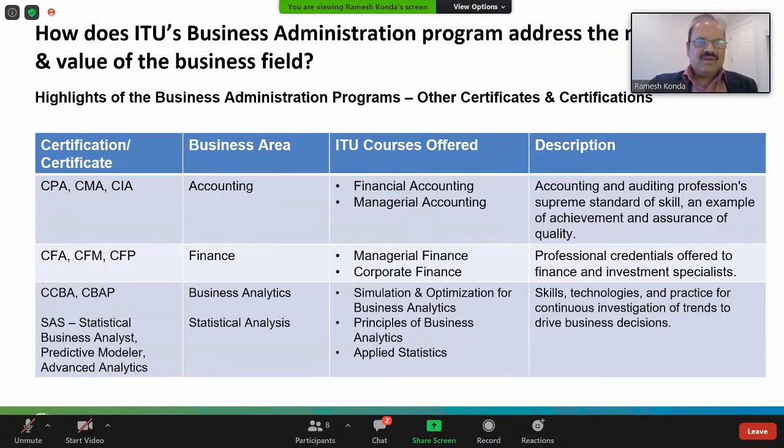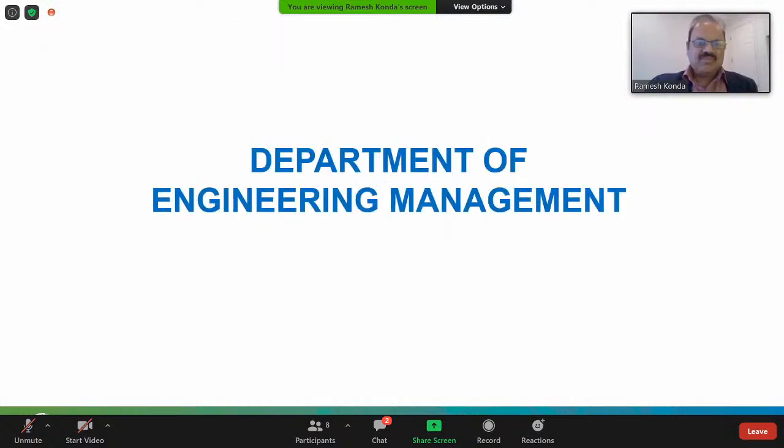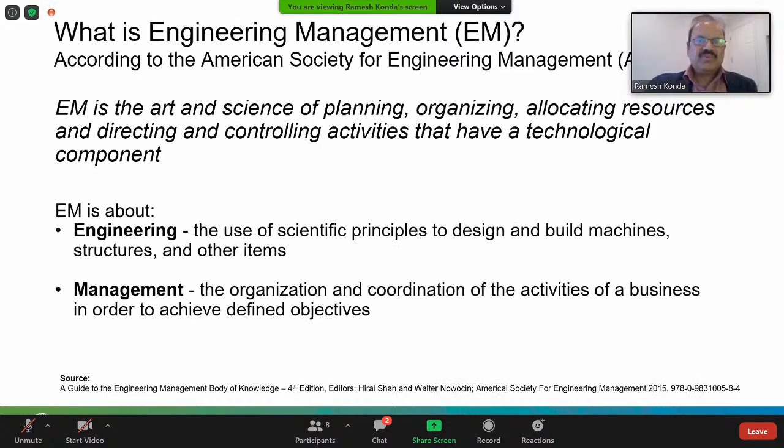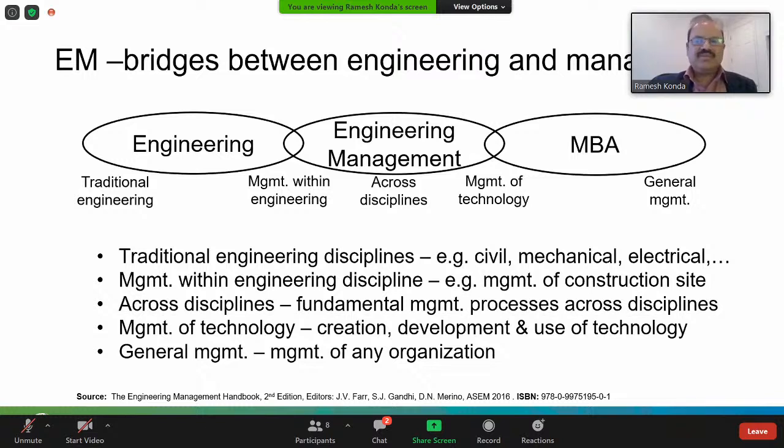I will quickly go to engineering management. What engineering management does is bring together your management skills and engineering skills. You can have traditional degrees, civil, mechanical, electrical, whichever area, and it is a combination of management and your original traditional degree.